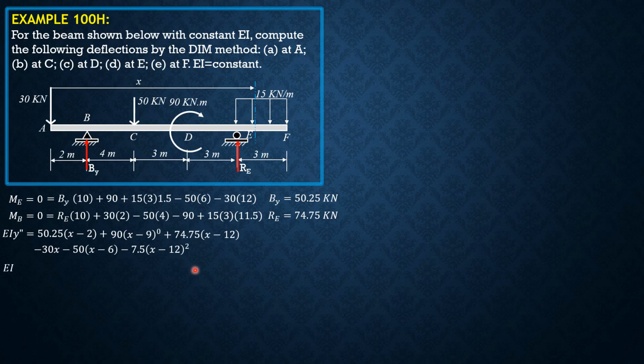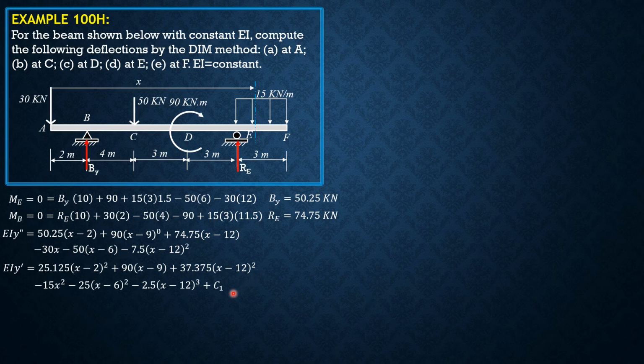Then integrating once, EI Y prime equals 25.125 X minus 2 squared plus 90 times X minus 9 plus 74.75 over 2, so 37.375 X minus 12 squared, minus 15 X squared, then minus 25 times X minus 6 squared, then minus 2.5 X minus 12 cubed plus C sub 1.